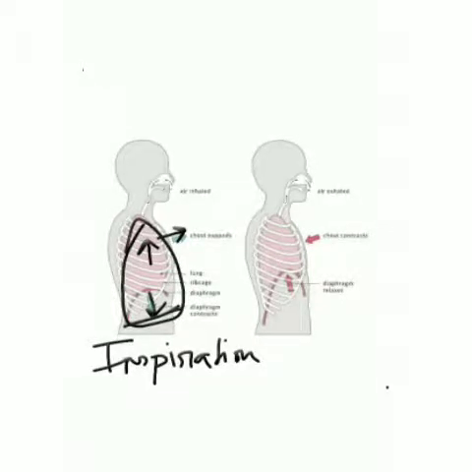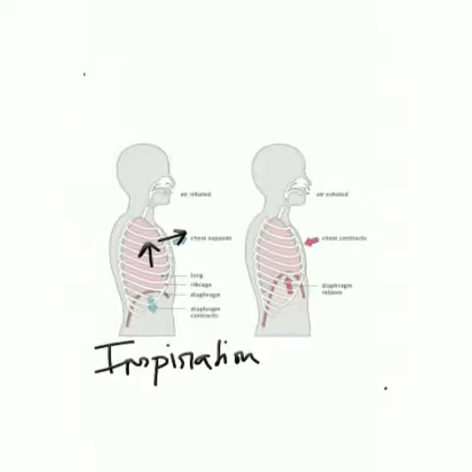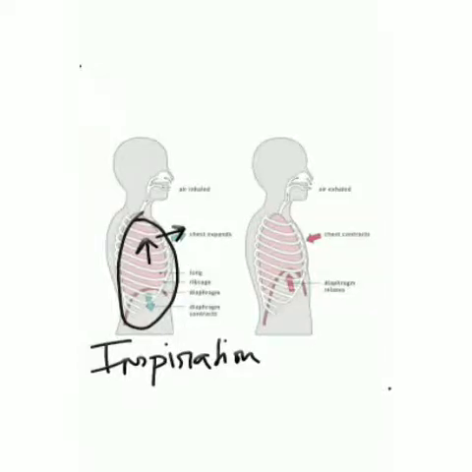and this presses the organs inside the abdomen, as a result of which there is an increase in the volume of the chest cavity that decreases the pressure inside it.